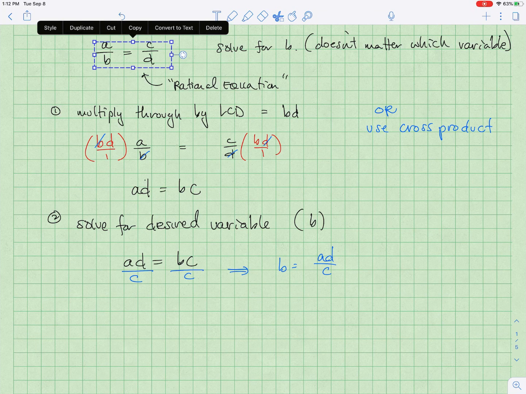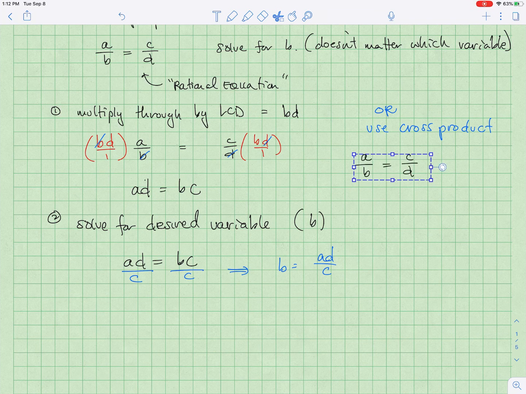So if we duplicate this, when we say cross multiply, what we do is we just multiply the diagonals. So this is not the same as multiplying fractions. It's a little bit different. But we're going to cross multiply here. And what we're going to get here is B times C is our upper product, A times D is our lower product, and those are going to be equal to each other.